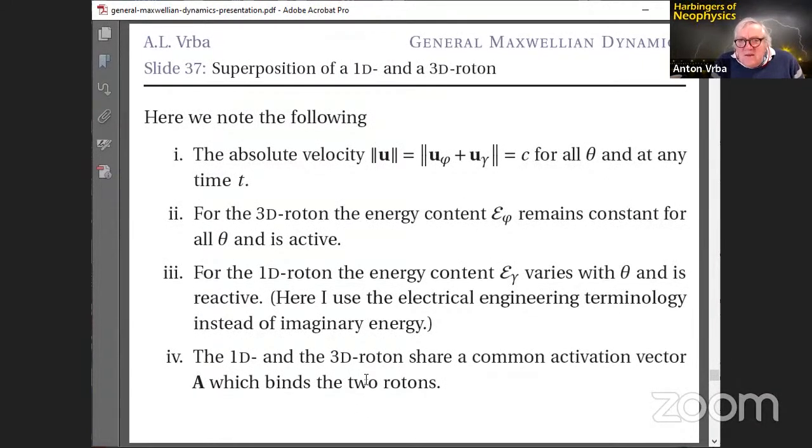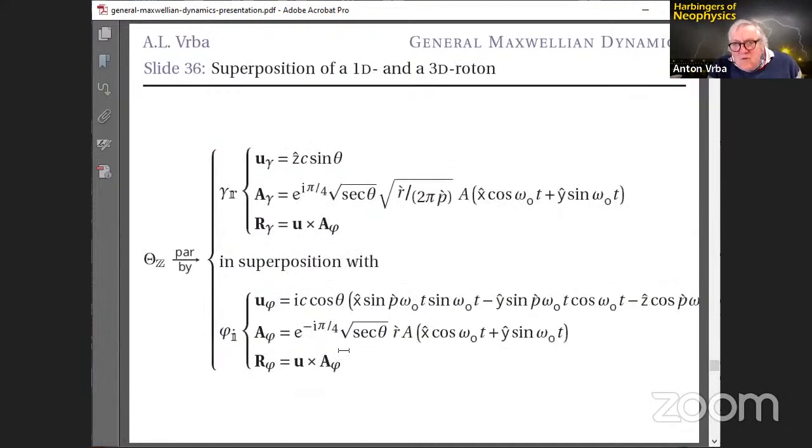So the 1D and the 3D share a common activation vector. If we look at these, okay, this one is scaled, but it has the same physical orientation. And so the activation vector of the one-dimensional roton and the activation vector of the three-dimensional are common.